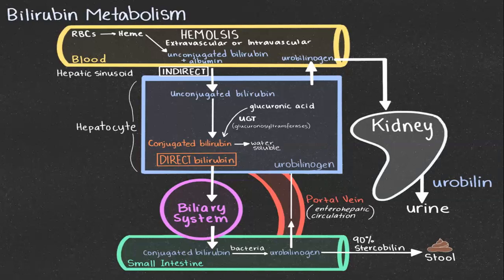Okay? So, in conditions wherein there is increased destruction of your red blood cells in the circulation, what's likely to happen? Increased destruction of your red blood cells, or extravascular or intravascular hemolysis. What's likely to happen is that there is actually increased accumulation of your unconjugated bilirubin.